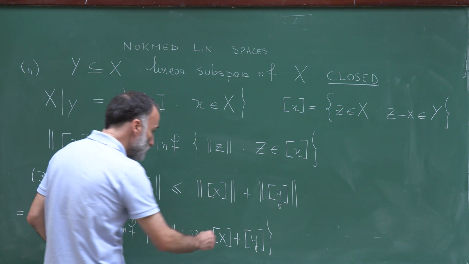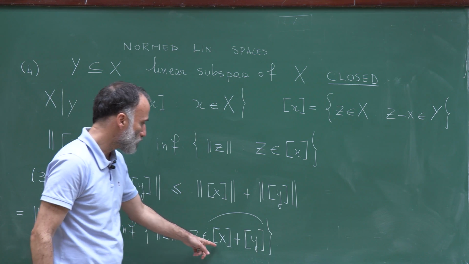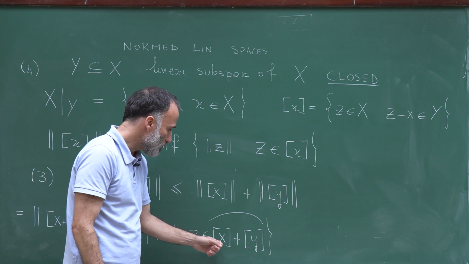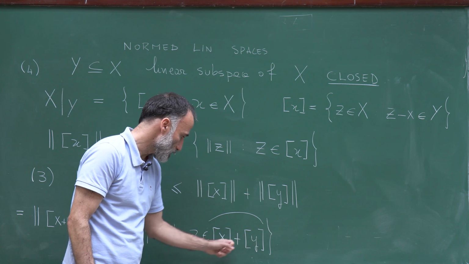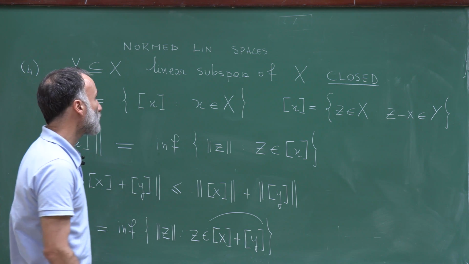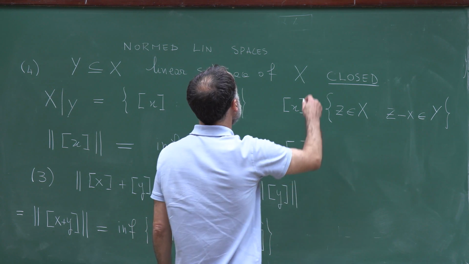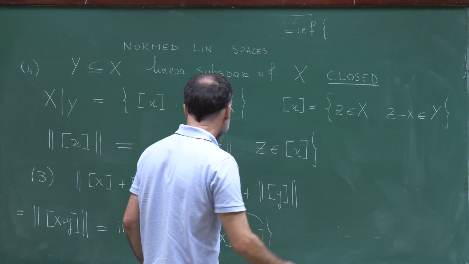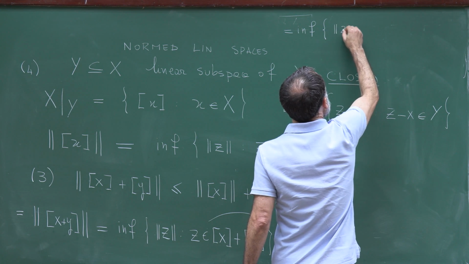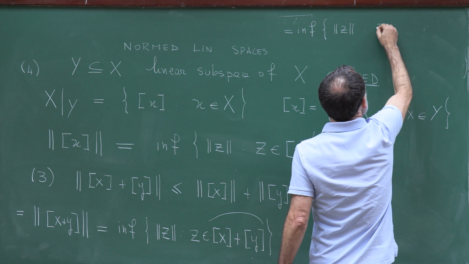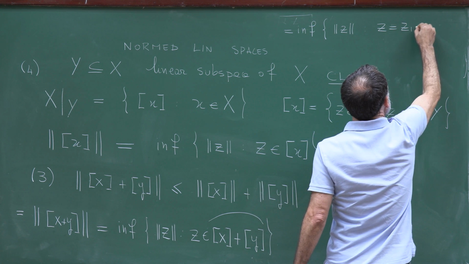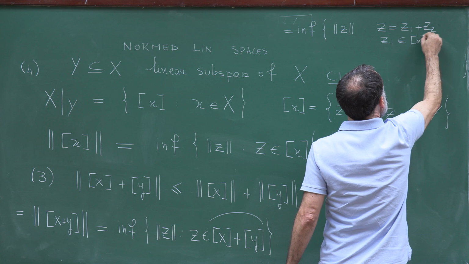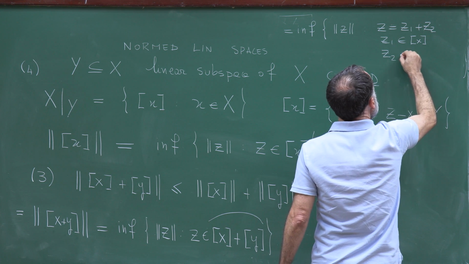Now, we have seen also that if we have two sets, the sum of these two sets is formed by all elements which can be written as the sum of one element in this set and one element in this set. So this means that this infimum is actually equal to the infimum over all z, in which z is equal to z1 plus z2, z1 in the equivalence class of x, and z2 in the equivalence class of y.